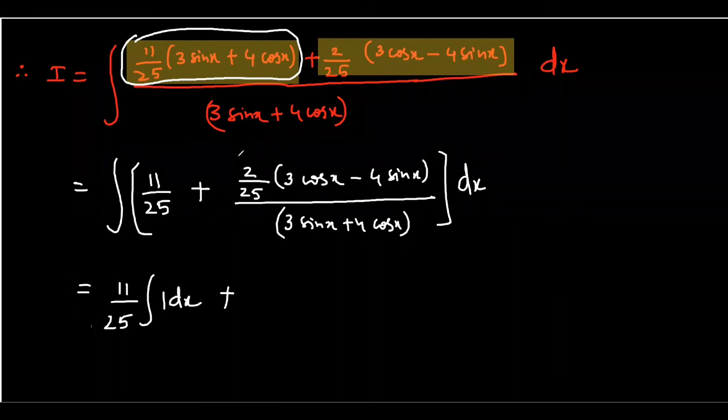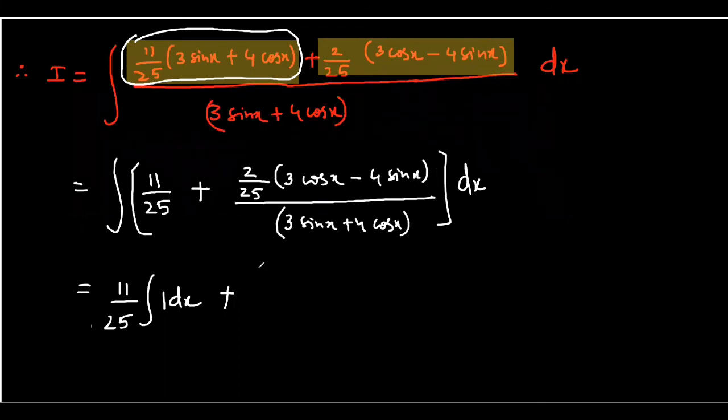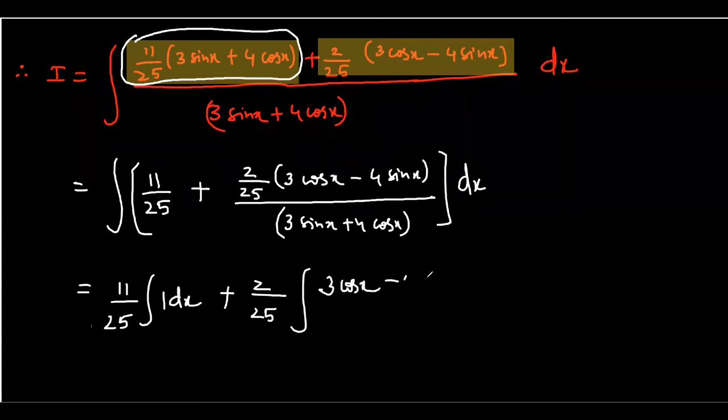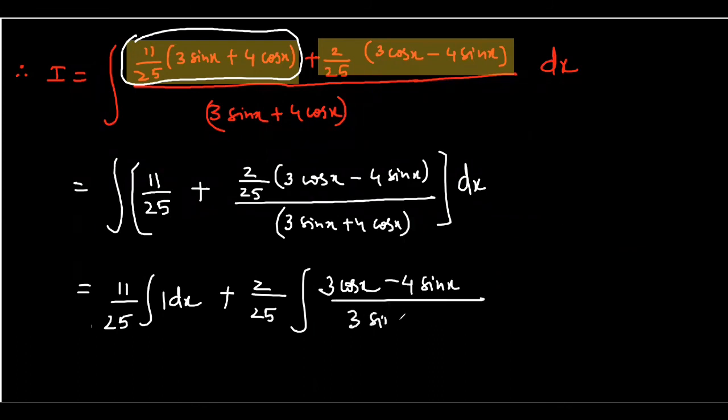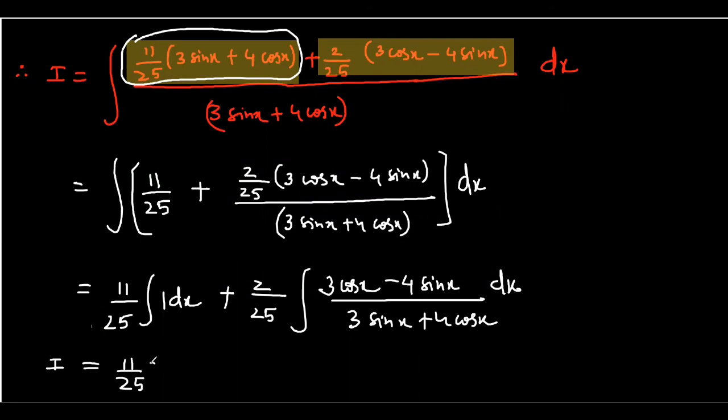Plus in this, I notice 2 upon 25 is constant, so I write 2 upon 25 out, and the integration of 3 cos x minus 4 sin x upon 3 sin x plus 4 cos x dx. Okay, now check. I equals to 11 upon 25, integration of 1 is x, plus 2 upon 25.